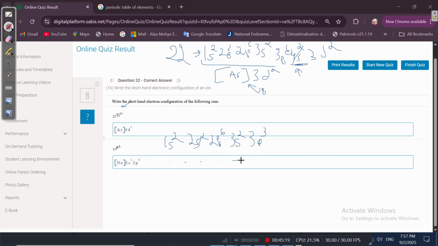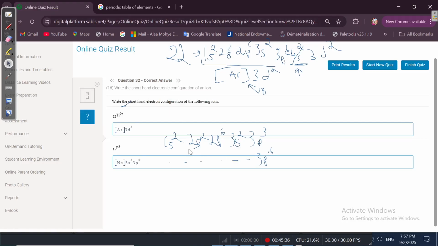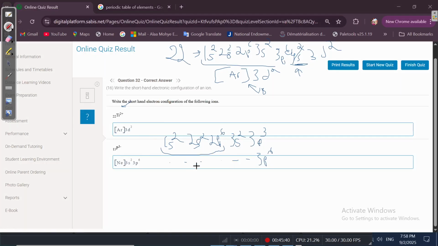The same thing, and 3p6. Let's see where phosphorus is. Phosphorus should be somewhere here. You go up, and then the nearest noble gas is neon, 10. You count the 10, which are here. You remove it, you put neon, and you put 3s2 and your 3p6, and your problem is solved.